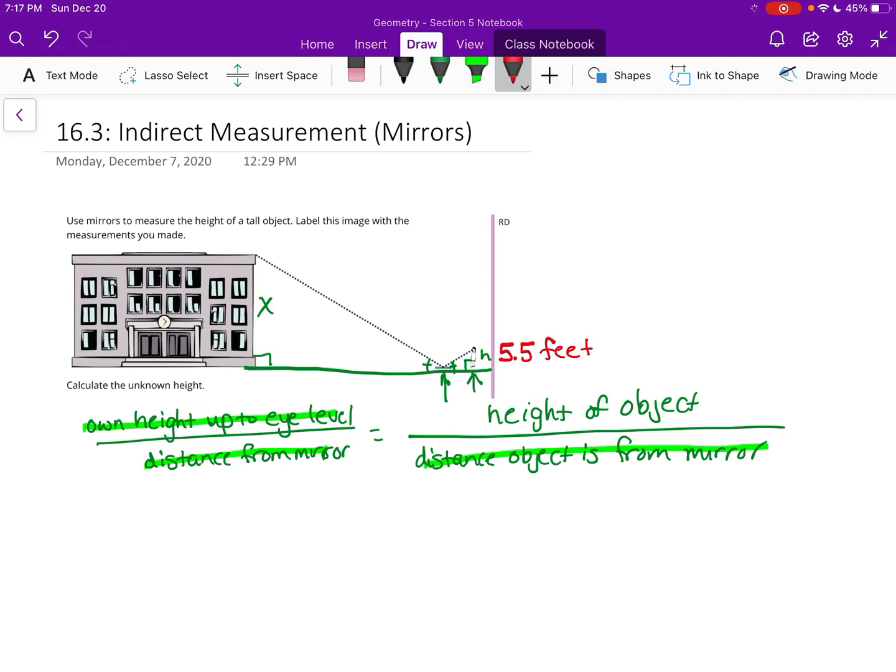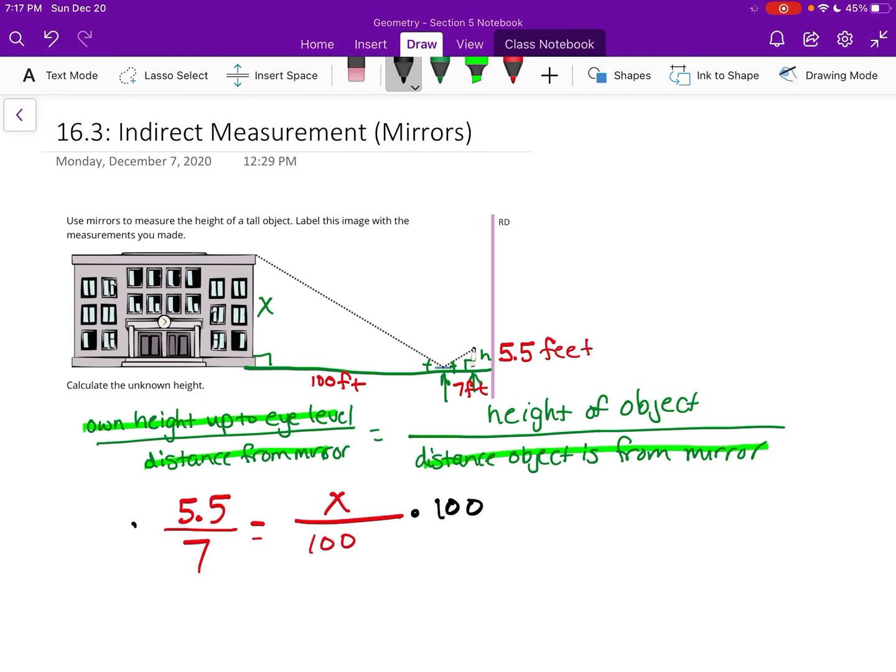And let's say that we are standing 7 feet from the mirror and that the building, we'll say, is 100 feet from the mirror, okay? So we can say our own height up to eye level was 5.5. Our distance from the mirror was 7. The height of the object, which we don't know, over the distance the object is from the mirror. And now we have a simple algebra problem to solve.